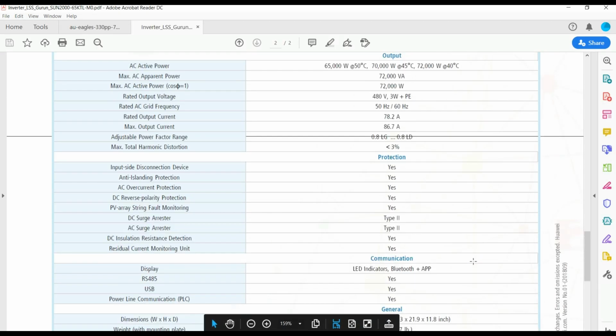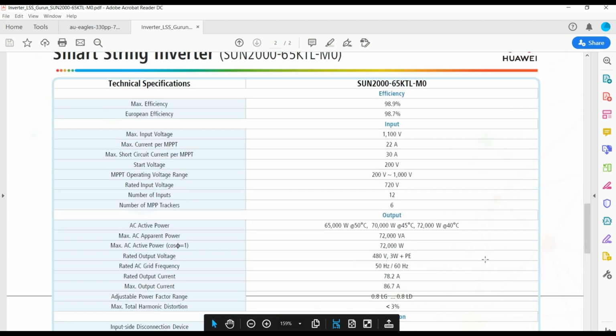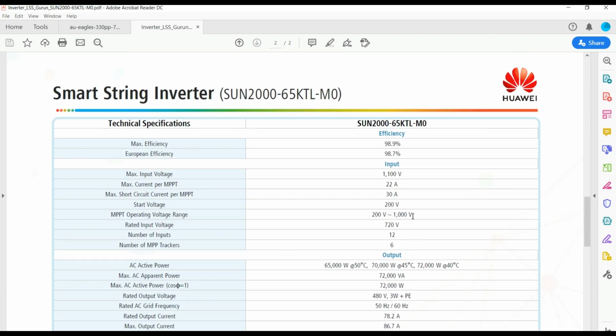What is the minimum voltage? Okay, so the start voltage or the minimum voltage is 200 volt. So this value sometimes we call window voltage, or sometimes we call MPPT window voltage or MPPT voltage range.